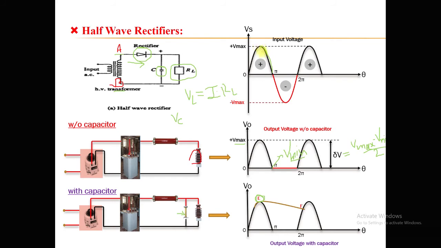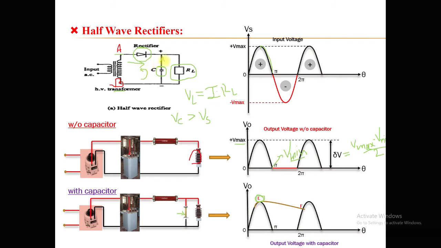Now from pi by 2 to pi, the input voltage will reduce to 0. This means that the voltage across the capacitor becomes greater than the input voltage Vs. Under this situation, as the voltage across the capacitor is now more than the supply voltage, the direction of the current gets reversed.